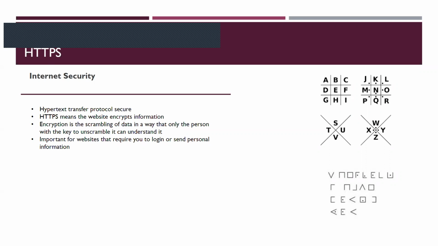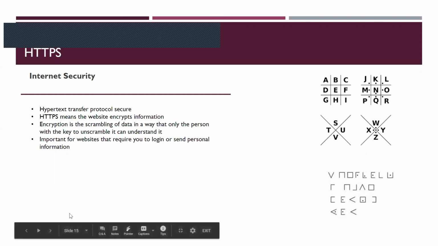A little bit about encryption. If we look at the pictures over here on the right side, we've got my laser pointer. If we draw a line here, we have an encrypted message down here, and then this would be the cipher or the decoder.